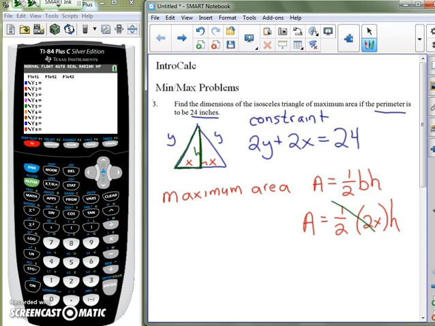You need to train yourself to look for right angles so that you can use the Pythagorean theorem or to use sine, cosine, and tangent. And that's just what we have. X squared plus h squared is y squared.